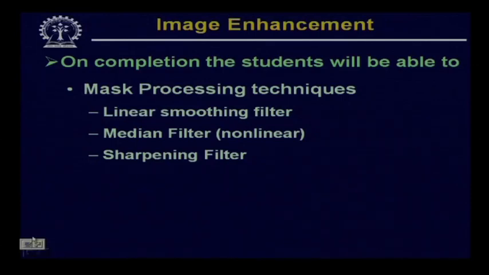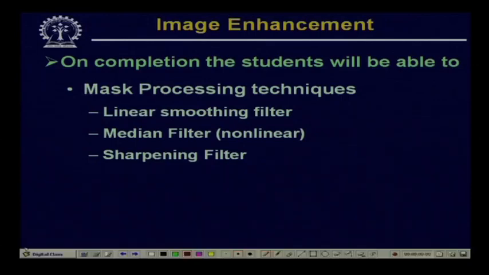Now, in our earlier discussions, we have mentioned that while going for contrast enhancement, what we basically do is, given an input image say f(x, y), we transform this input image by a transformation operator say T, which gives us an output image g(x, y).